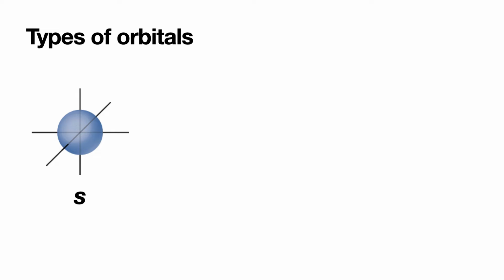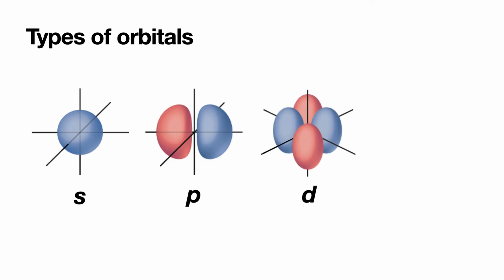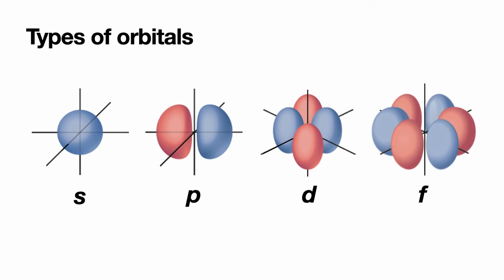The next type of orbital wave function is called a p-type orbital. The letter P comes from the word principal, which again comes from descriptions of atomic spectra. As far as we are concerned, it's just a code letter that refers to this type of wave pattern. And then beyond that, there is another type of orbital called D, which comes from the word diffuse. And beyond that, there is another type of orbital called F, which comes from the word fine.